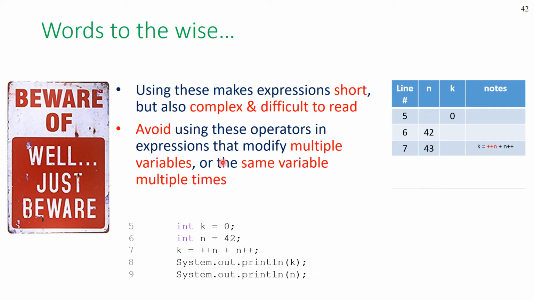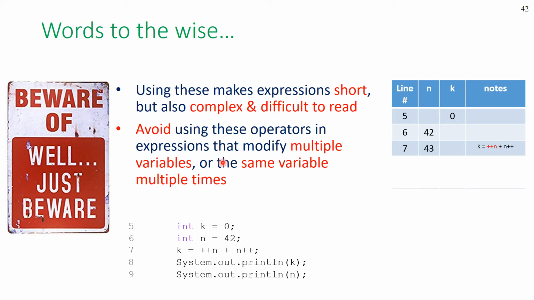I'm going to focus first on ++n. It's pre-incrementation. The incrementation comes first. Increment n. You got it, n is now 43. And then this is replaced by the value 43. I'm left with 43 plus n++.